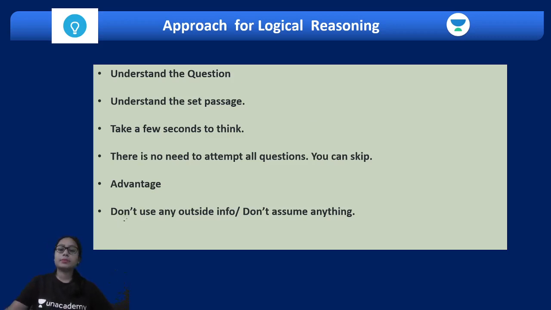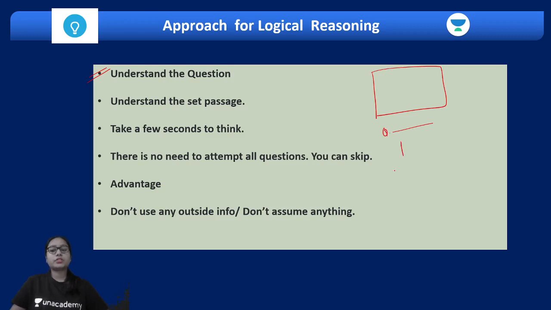I am going to explain the basic approach for logical reasoning questions here. The first point is to understand the question properly. You should understand what is the objective of the question. What do you have to do in this question? Understand the set passage. In CAT, there is a passage given which is common to four questions.